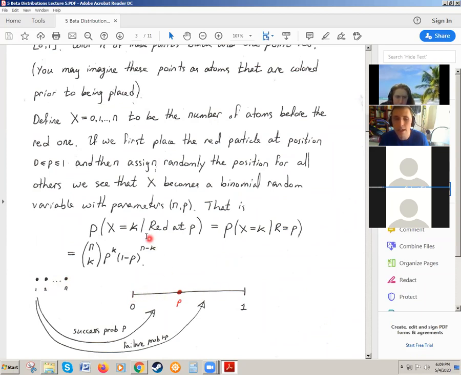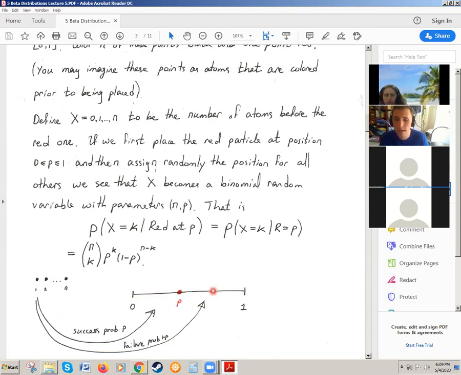Are you following me? Given that I know that red is at point P, as I drew over here, all those particles are trials. Where is this particle going to go? It either goes here or it goes here. It will be a success if the particle goes here, and a failure if the particle goes here.